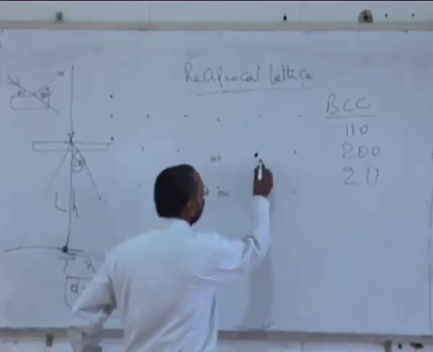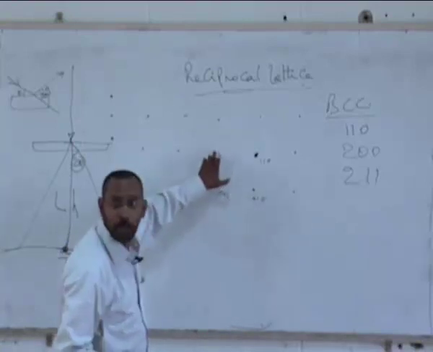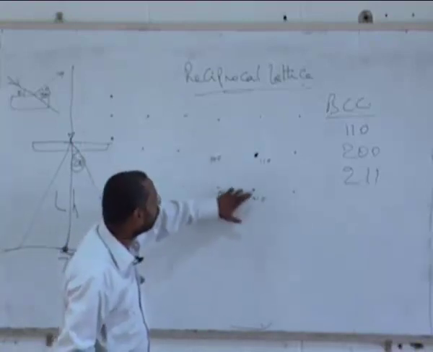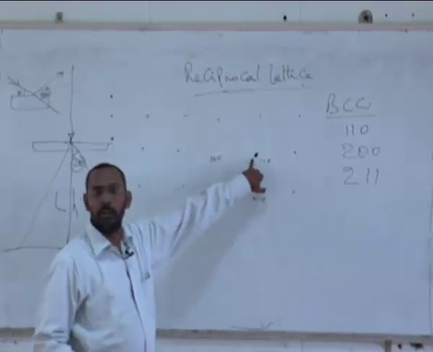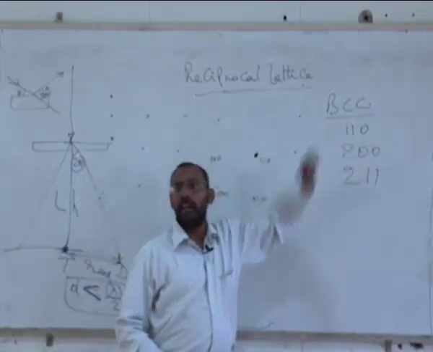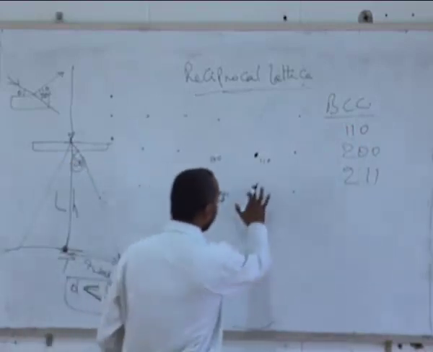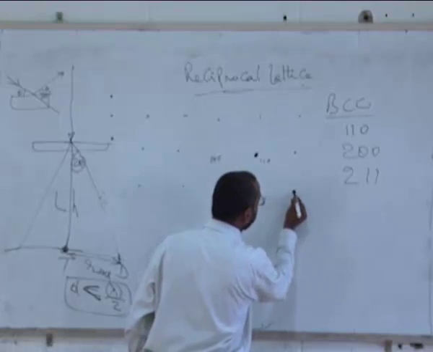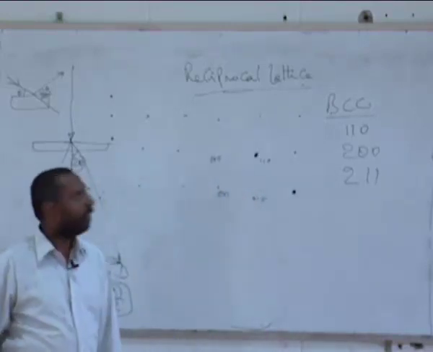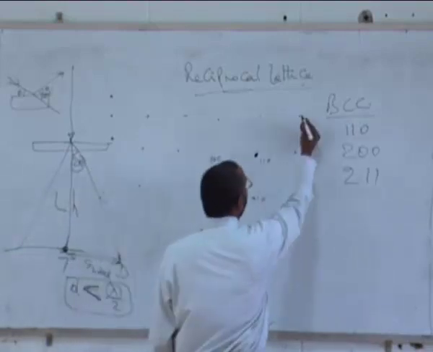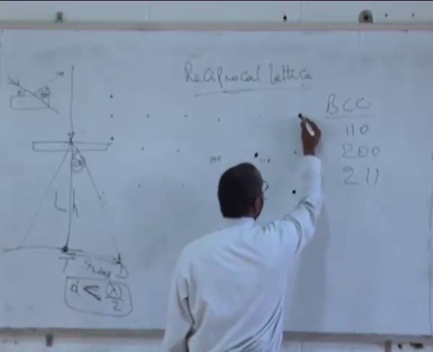So this is 1, 1, 0. So in a diffraction pattern, you may not see this and this spot. They may actually not be there at all, but you will see this spot, because that is satisfying the extinction condition. Similarly, you may not see this spot, but you will see this spot. Similarly, you will see this spot, which is 110, 220.